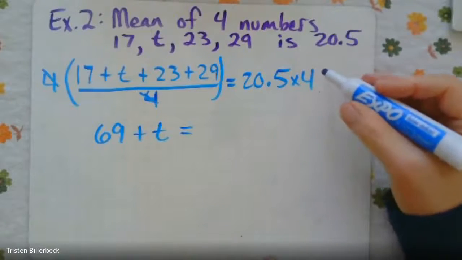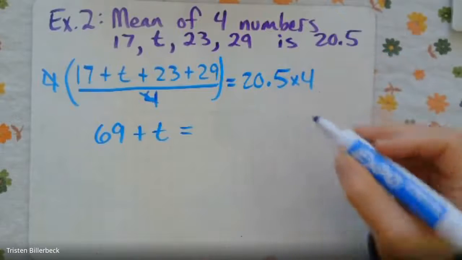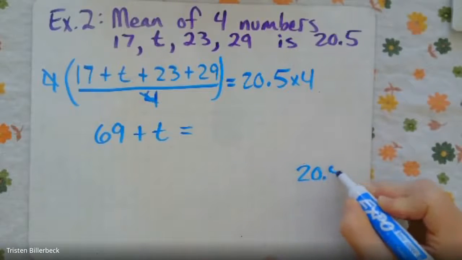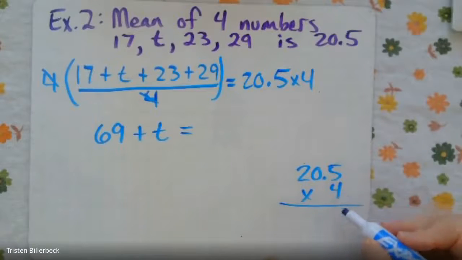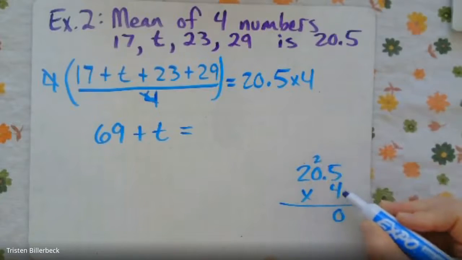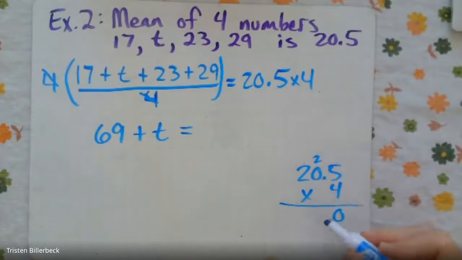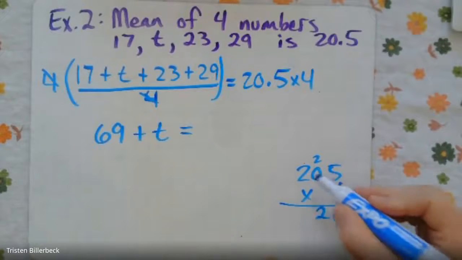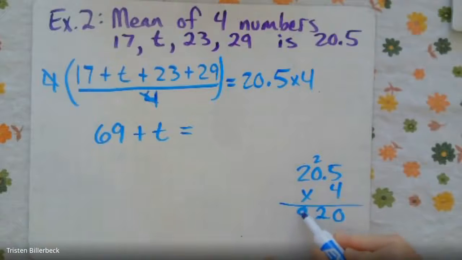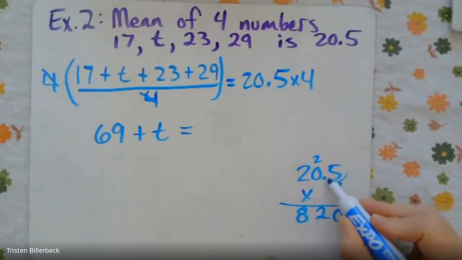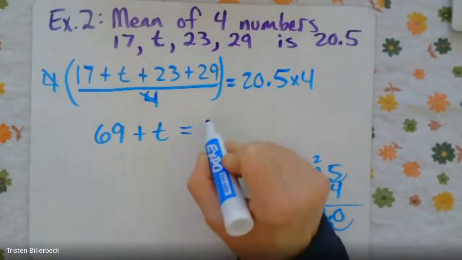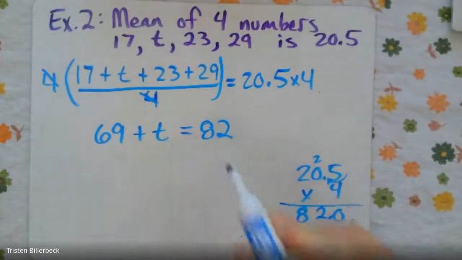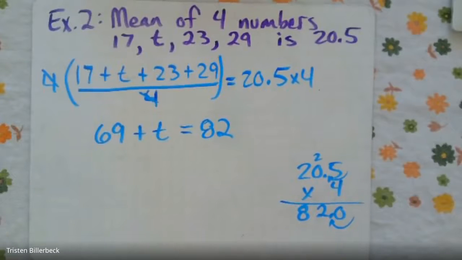Then 4 times 20.5, let's do that with our dry erase calculator so you can see. 4 times 5 is 20, carry a 2, 4 times 0 is 0, plus 2 is 2, and 4 times 2 is 8. Then we move the decimal over one place, and we get 82. Oh, that looks a lot easier, doesn't it?